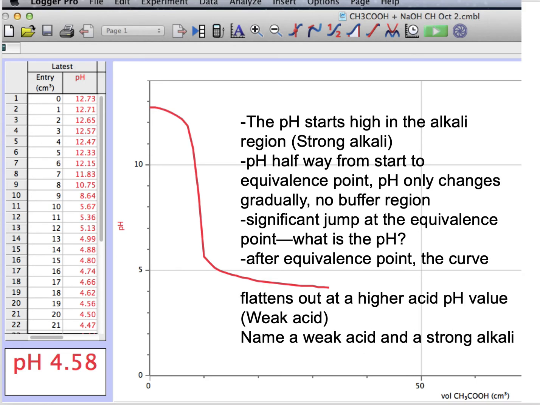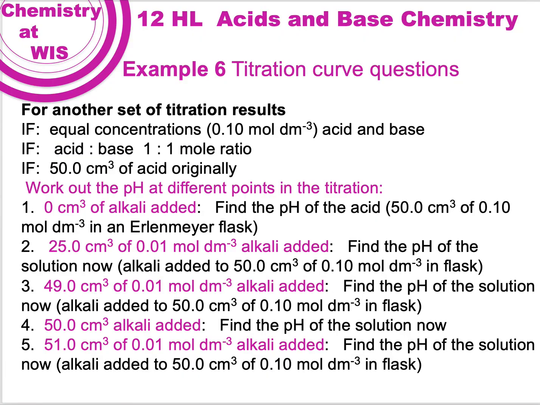And looking at this with a strong base and a weak acid, so name those. And then we're going to go through a number of other questions where you've got an acid and a base, and you can decide here that it's going to be a strong acid and a strong base reacting in a 1-to-1 mole ratio.